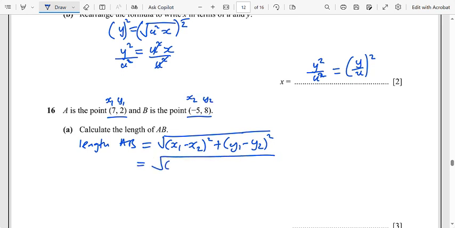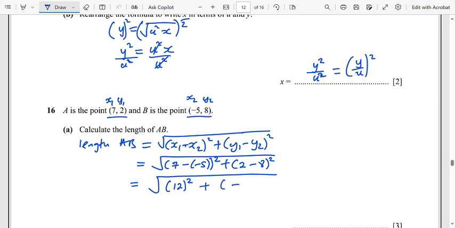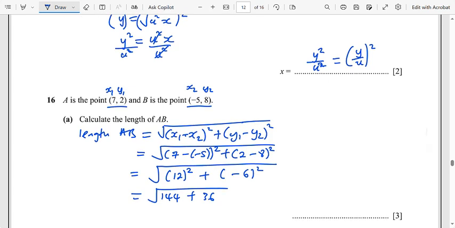So we are going to have x1 being 7 minus, because the minus is there, x2 which is -5. Then we square that, then plus y1 which is 2 minus y2, which is 8, then we square that. So what we get is 7 minus -5, that's 7 plus 5, which is 12 squared, plus a -6 squared, which is the square root of 12 squared, that's 144, plus 36, the square of a negative number.